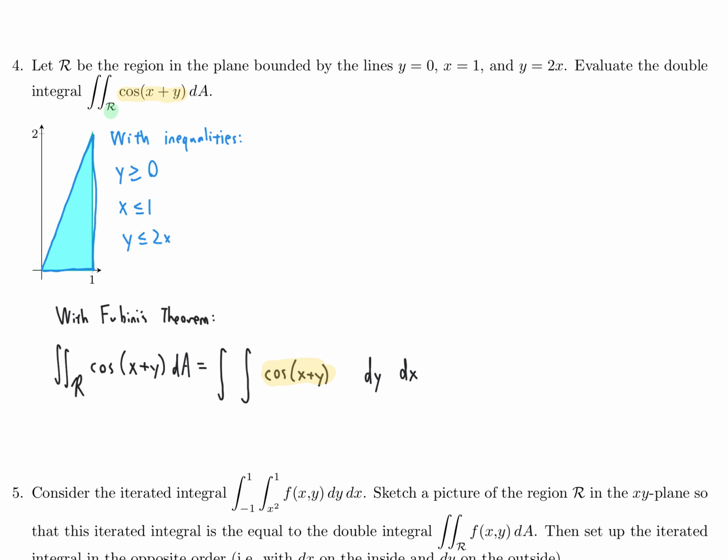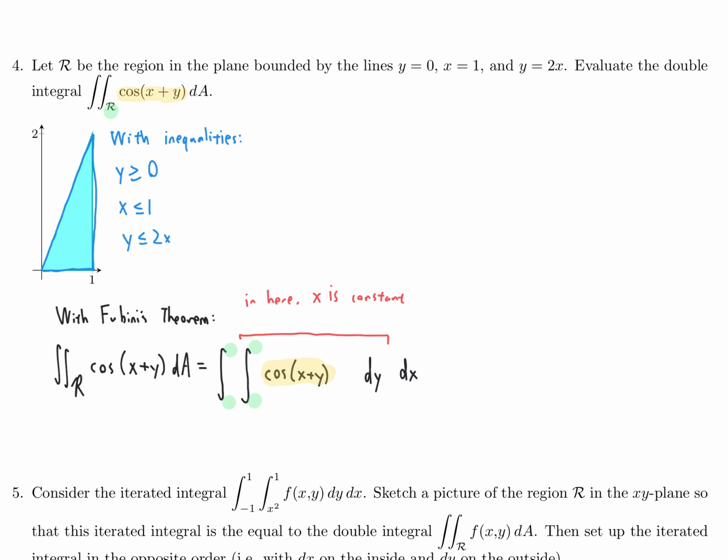Now, the way that I think of these kinds of problems when we're setting up our Fubini's theorem iterated integral is that we have four blanks to fill in. That is the upper and lower limits of integration for both x and y. As always, we imagine that inside these parentheses, x is constant.